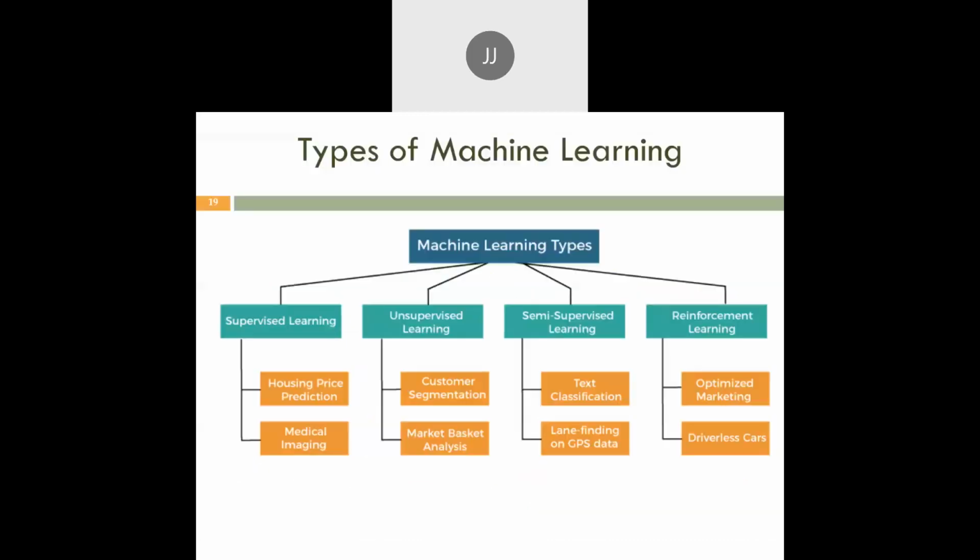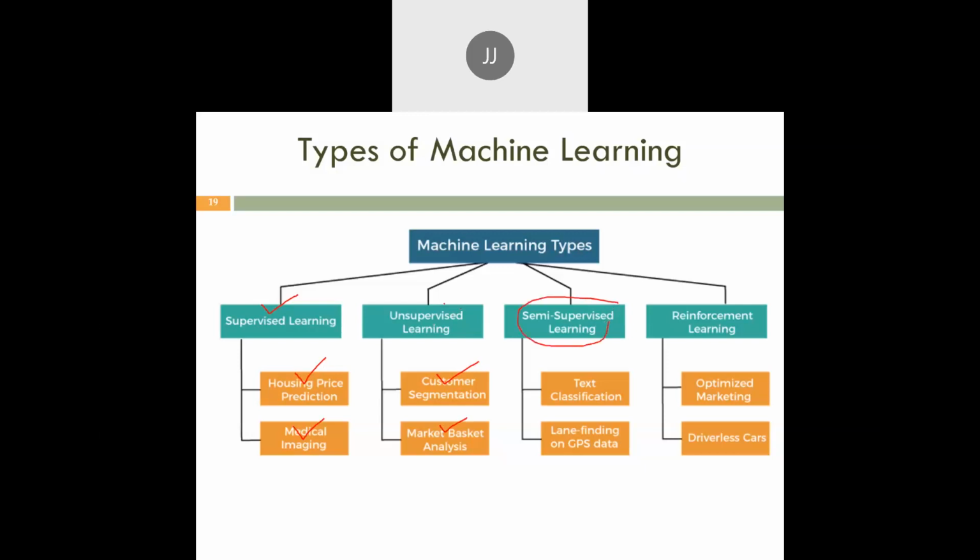Okay, so now we go back to the types of machine learning that we have. We have the supervised learning. So this is forecasting, and this is classification. Okay, this is clustering, and this is the market basket analysis. We also have the semi-supervised here.